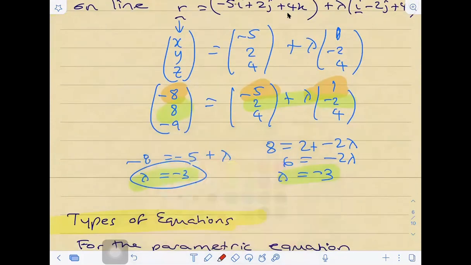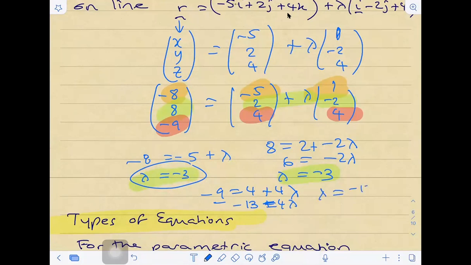And then do the other one: -9 equals 4 plus 4 phi. -9 minus 4 is going to be -13, isn't it? So 4 phi equals -13, so phi is -13 over 4. So no, it doesn't lie on the line. If you got the same phi each time, then it would.